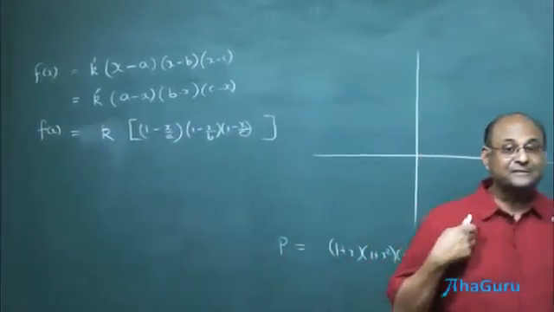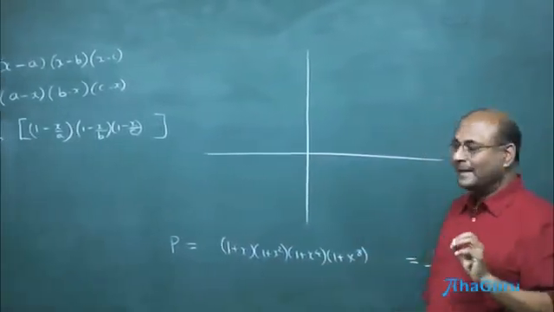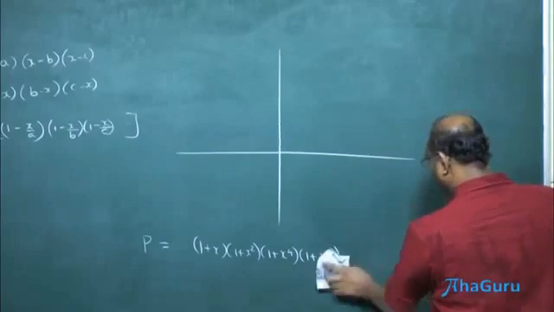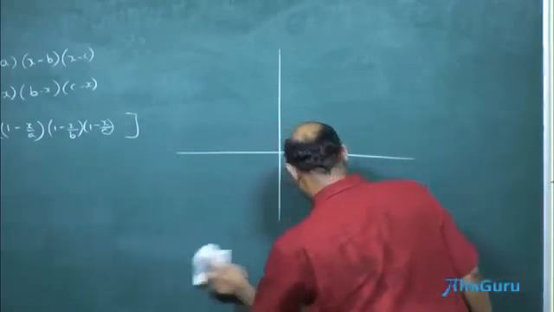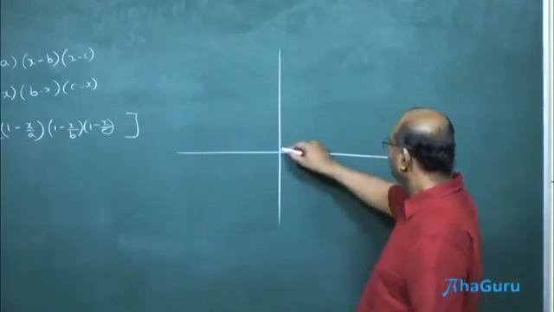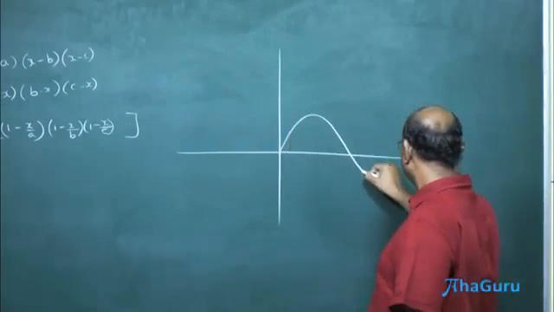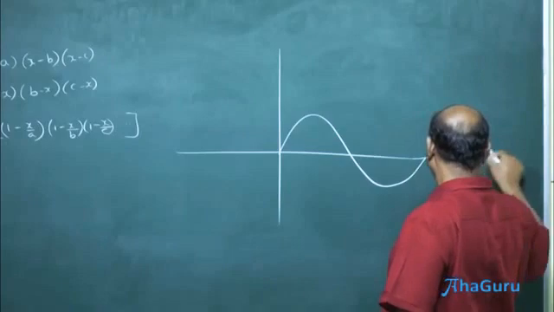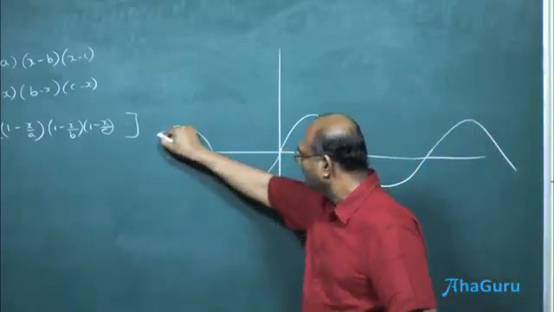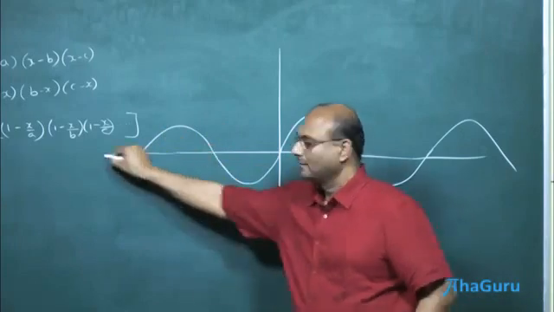So, if sin x was a polynomial, let us think about the graph of sin x. How does the graph of sin x look? It starts like that, goes like this, goes like that, and goes like that. Correct?